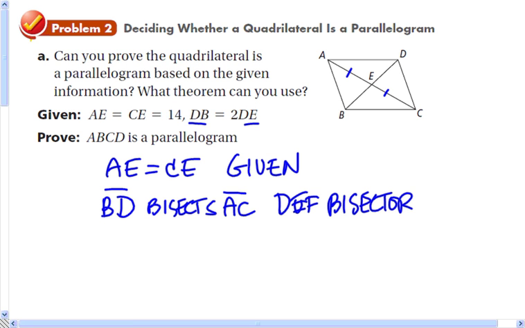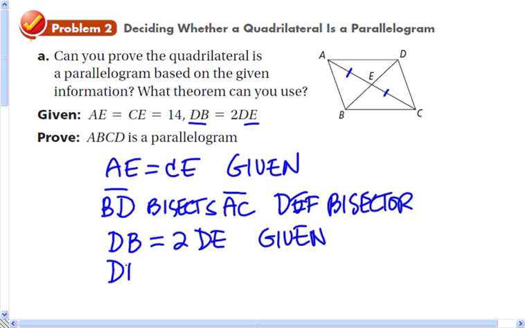And we're also given that DB is equal to 2 times DE. And that means we also know that DB is equal to EB plus DE. And that's by the segment addition postulate.